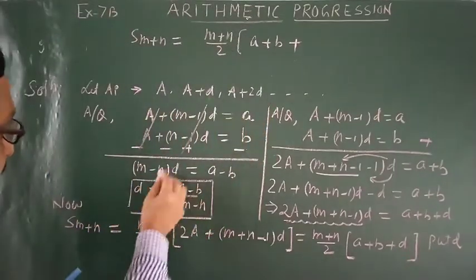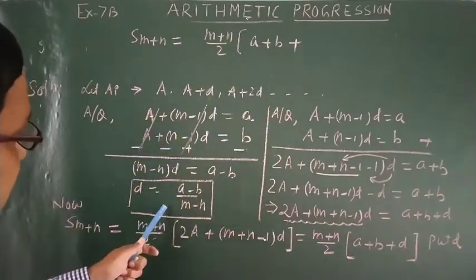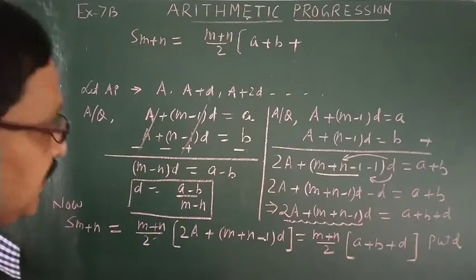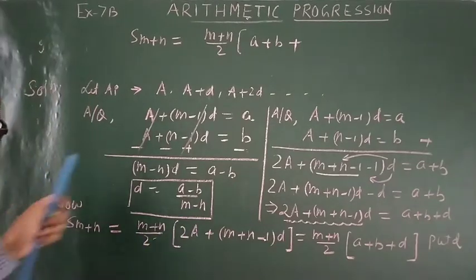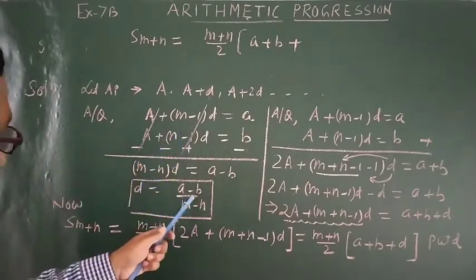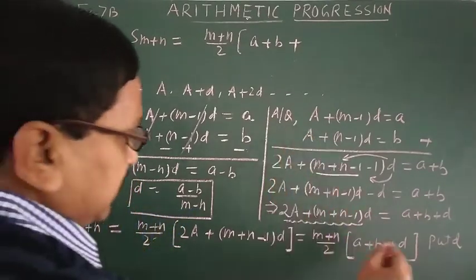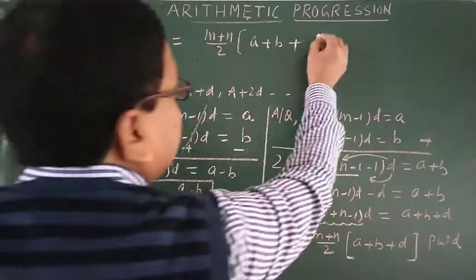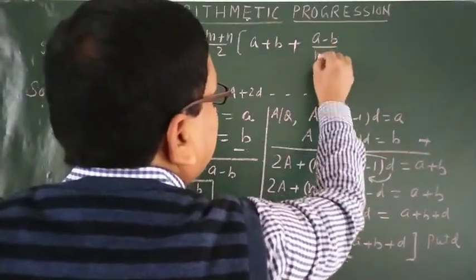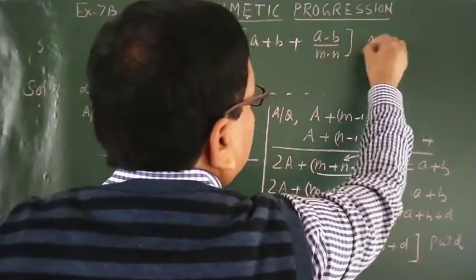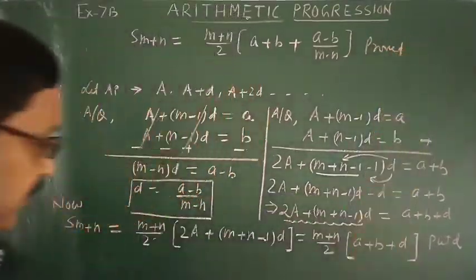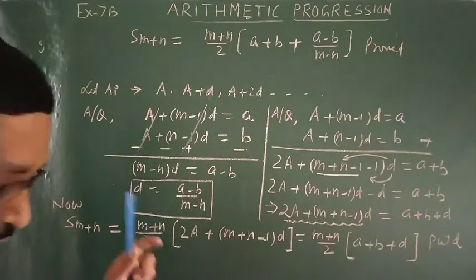It should be m plus n, students? No, m minus n. This is a minus b. So let me check first. m minus n. Yes. So this is (a minus b) by (m minus n). So this is proved. The checking is over.